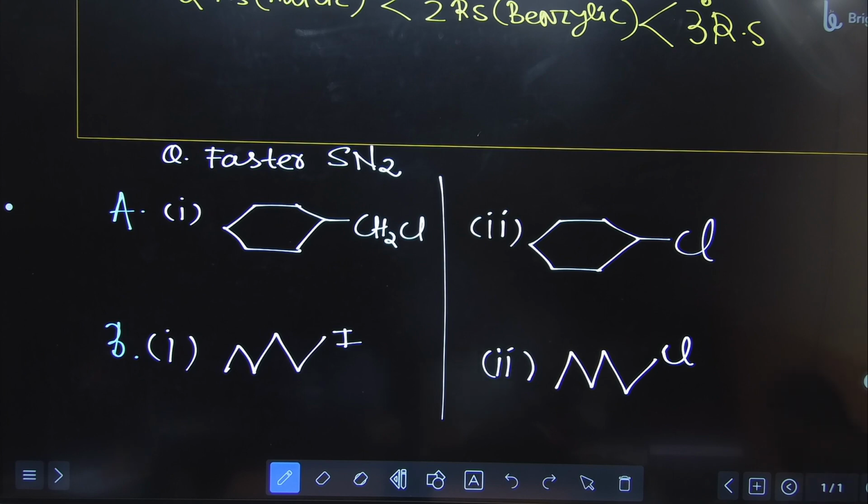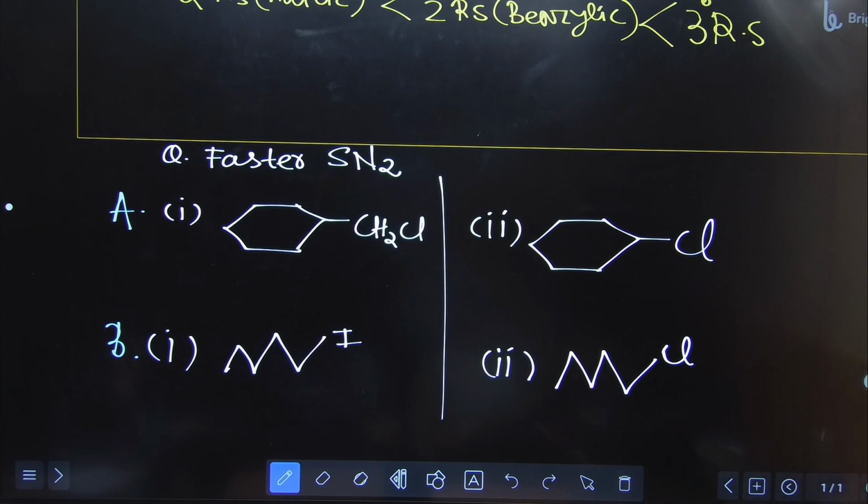Mohit, Arav, Daman, Aditi, anyone? Danvi, Vishal, Anirudh, what is the answer, guys, for the first one? A question. So one, right? Aditi, why is it one?